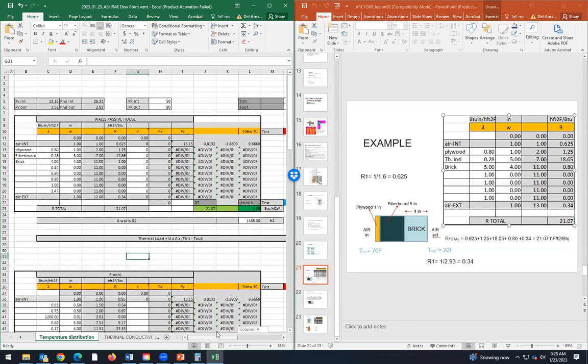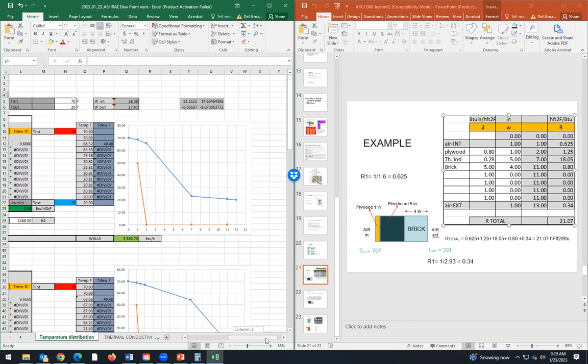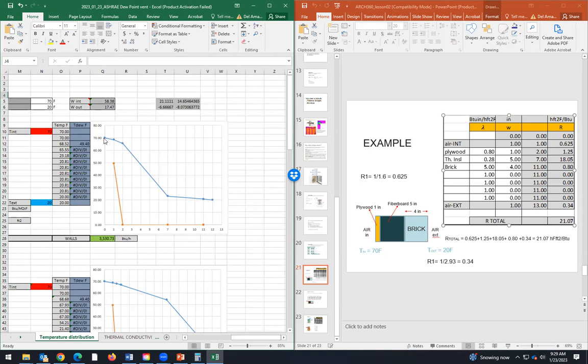But first, before doing this, we have to change something here. You see that the indoor temperature is 70. The outdoor temperature by default is 2. So we have to type 20 here. There you go. So now the temperature is different. It's 70 inside, 20 outdoors.